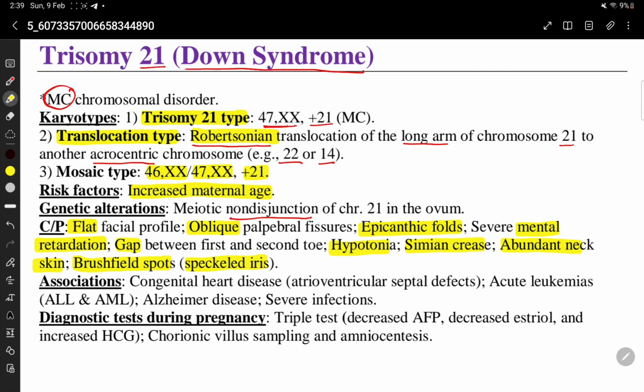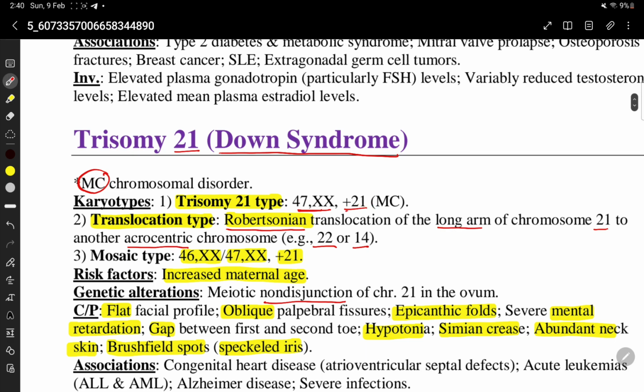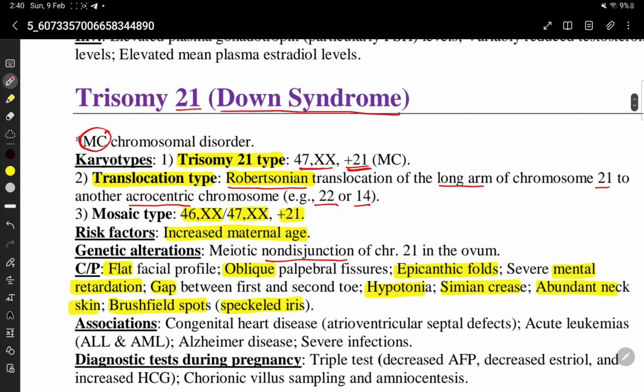So Down syndrome, trisomy 21, is a genetic disorder caused by the presence of an extra copy of chromosome 21. It is characterized by intellectual disability, severe mental retardation.